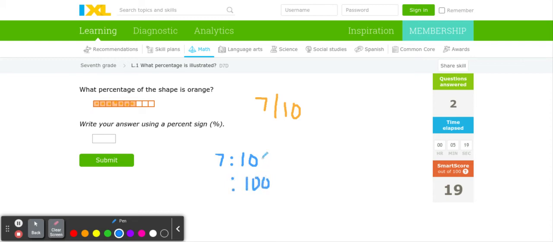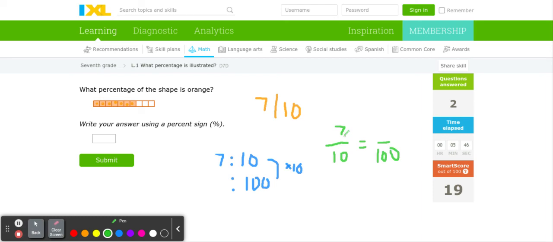And then we can see that to get from 10 to 100, we have to multiply by 10. So we have to do the same thing to this side. Or we can also just write them as fractions. You can do it as 7 divided by 10 equals something over 100.